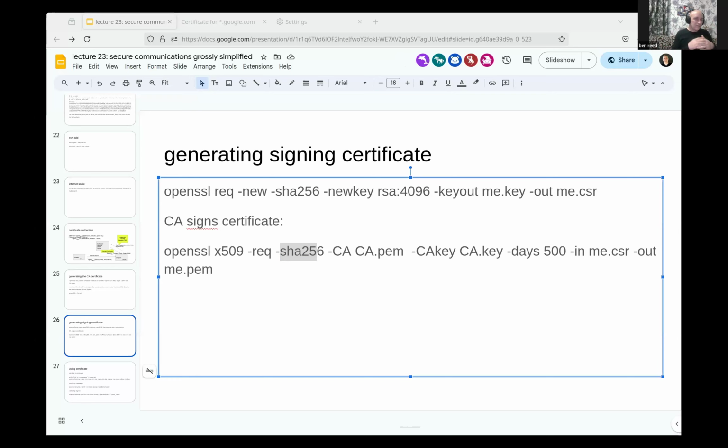So we never actually sign the message. What we do is generate a hash, a digest of the message, usually using SHA-256. So we generate a digest of the message, and then we only have 256 bits, which is, I can never do that math fast enough.